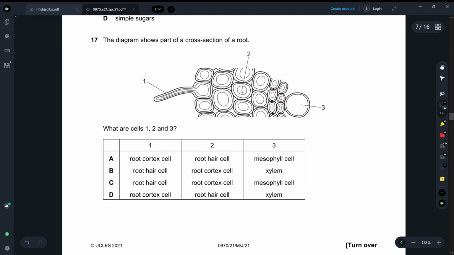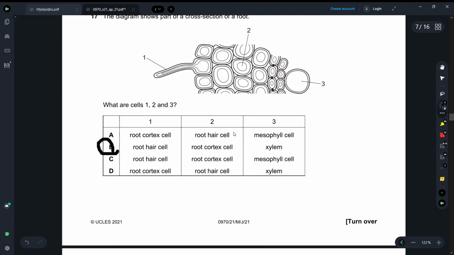Yeah, number 2 is root cortex cell, and then number 3 is a large tube, pretty hollow. So we can say this is xylem, I think. Yeah, number 17 is B for sure, because this is root hair cell, this is a root cortex cell, and that is a xylem there, not a phloem.